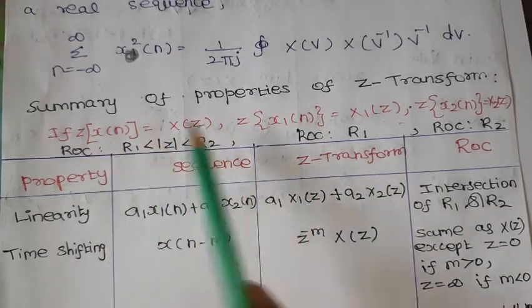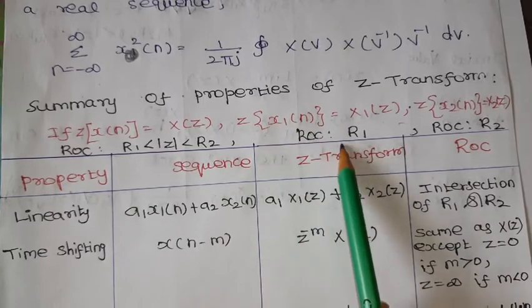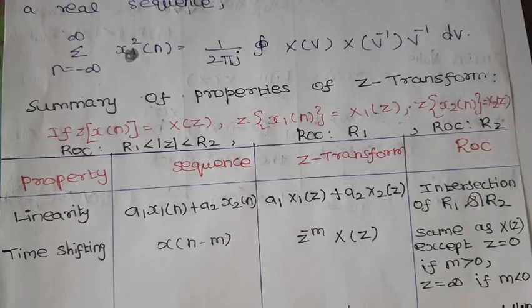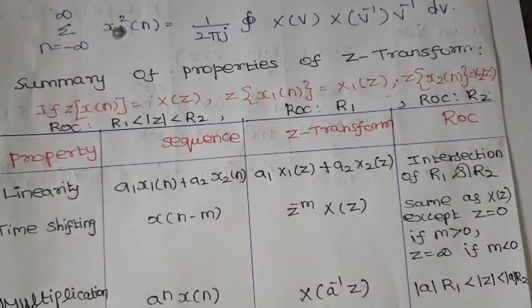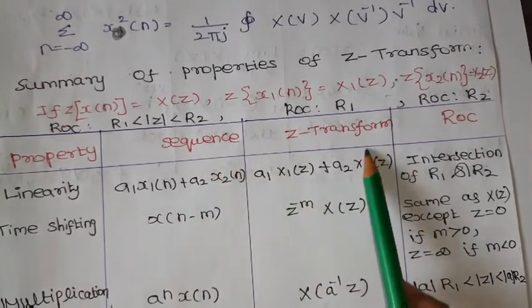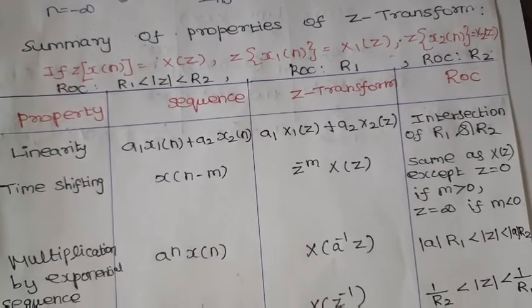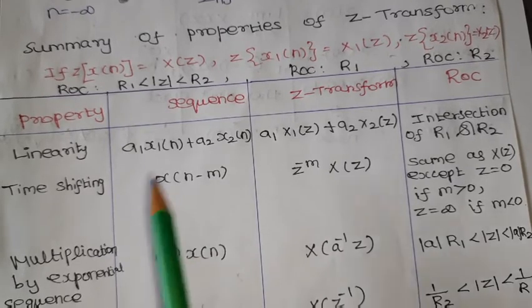For x1 of n, ROC is R1, and for x2 of n, ROC is R2. Next, we look at each property, its Z transform, and how the ROC will be, one by one.